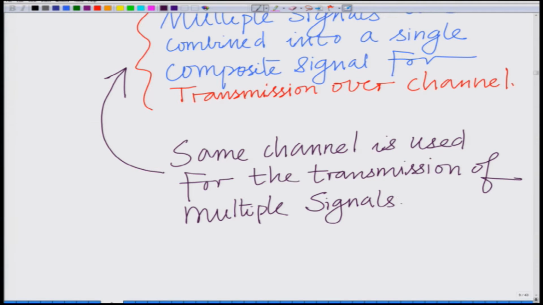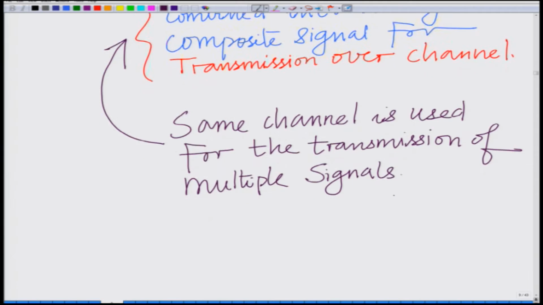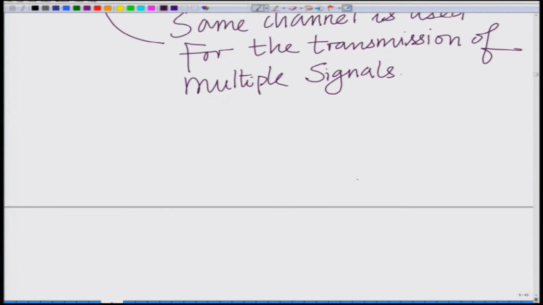Basically the channel usage becomes very efficient. And now, multiplexing is done in the frequency domain.